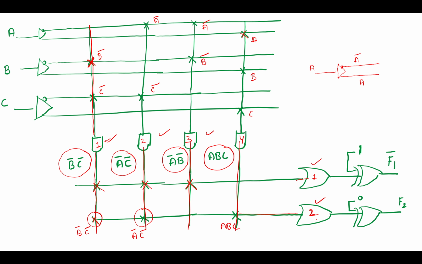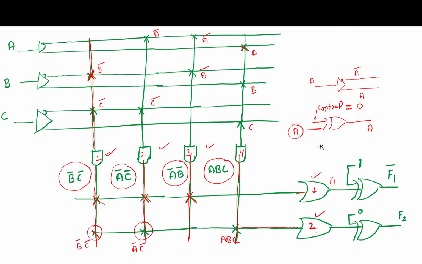Now here you get the f1 function, but the product term is generated by f1 bar. Okay, so how to take this complement? So we take a controlled XOR gate. So in this controlled XOR, this line represents the control line. Okay, this line is the control line. If one input is another input a, and the control signal is 0, then this signal passes through here. Okay, means you get the same output.